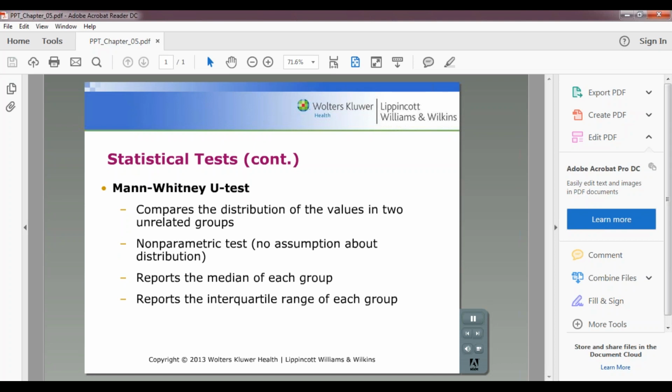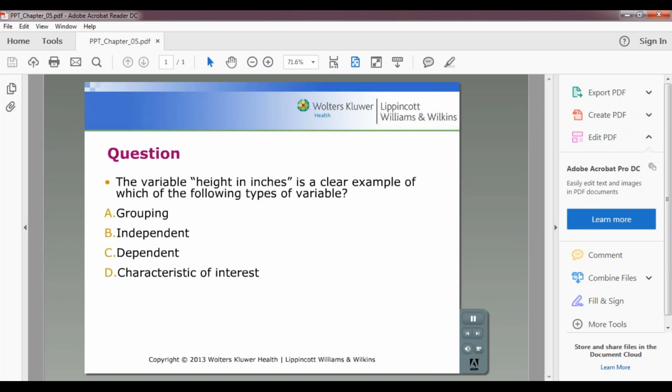And we can also look at the interquartile range, and that has to do with when you're looking at, the best way to understand interquartile range is looking at the box and whisker plots, and they're portioned out into 4 different regions, hence quartile, and you can look at the values within that box and whisker plot.